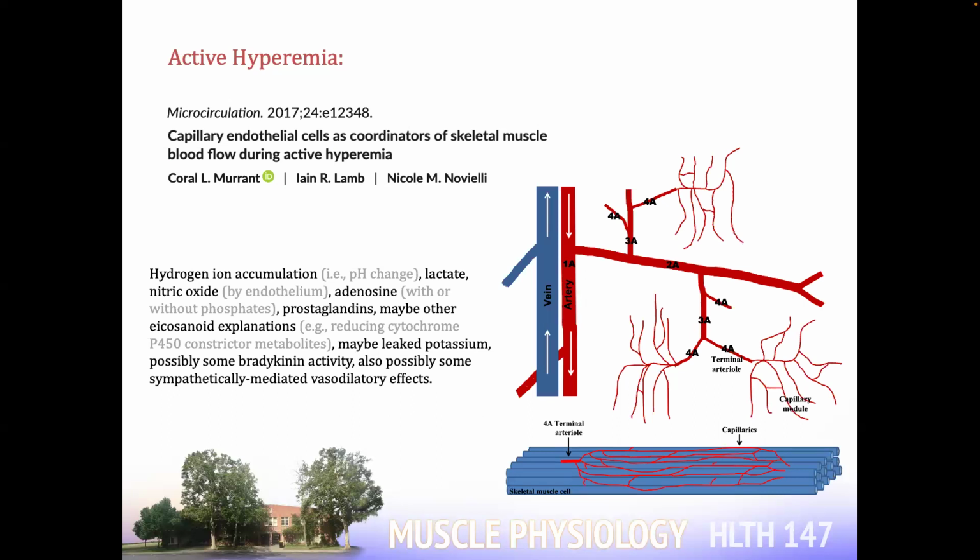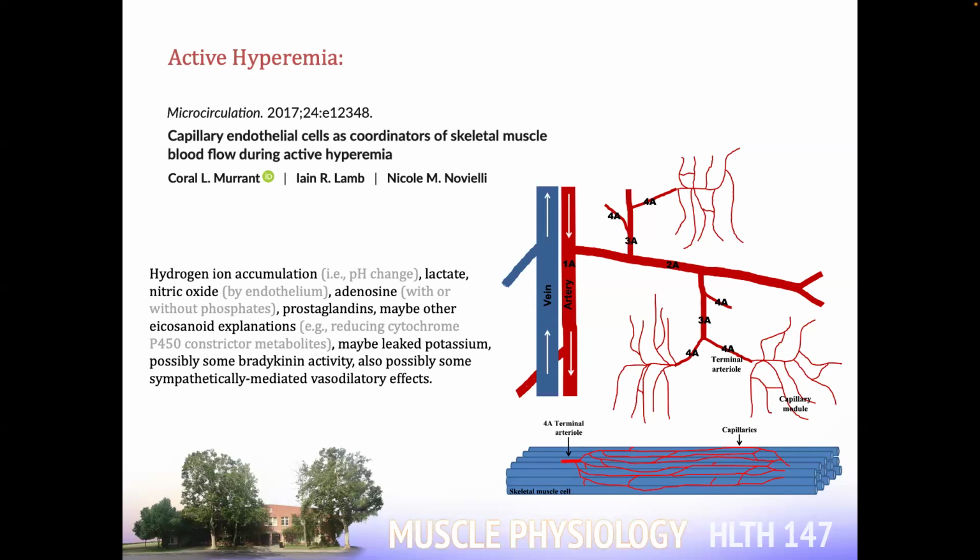Out of exercising muscles, lots of stuff gets released. Metabolism has lots of metabolites. As you exercise, there will be hydrogen ions and lactate and adenosine and prostaglandins, lots of informants for the vasculature to take note of.